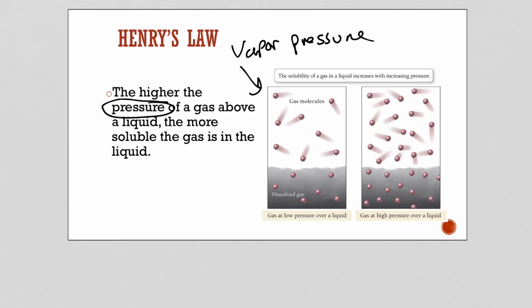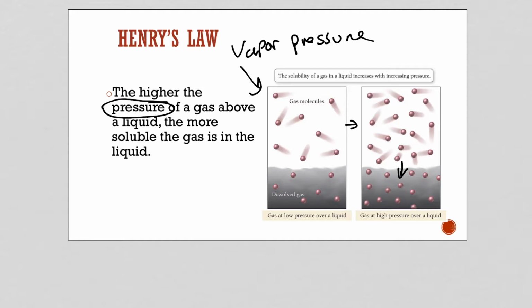Now, as we increase the pressure of this gas above it, so if we think about going to here, and we put more gas above the liquid, what we're essentially going to do is force more gas to dissolve by pushing it into solution, if you will.